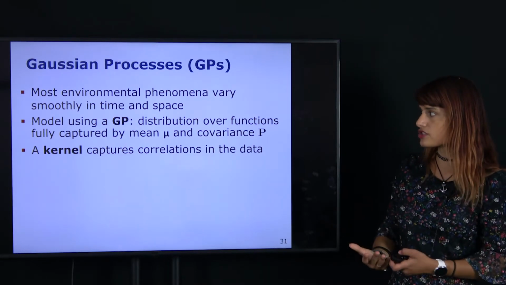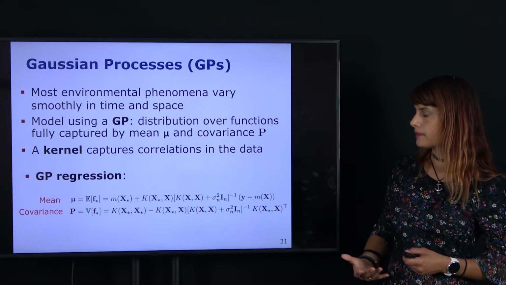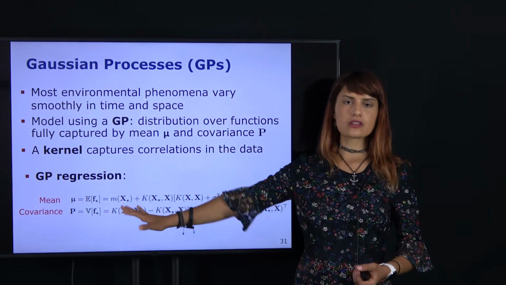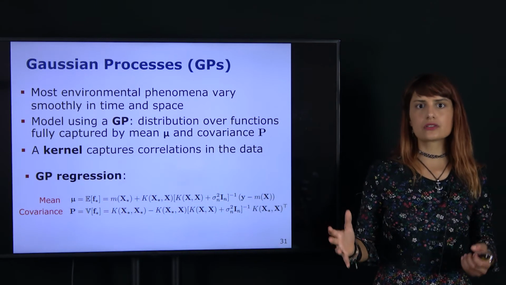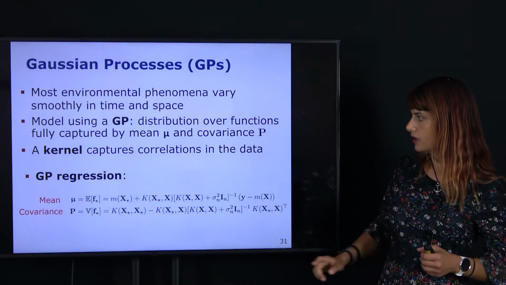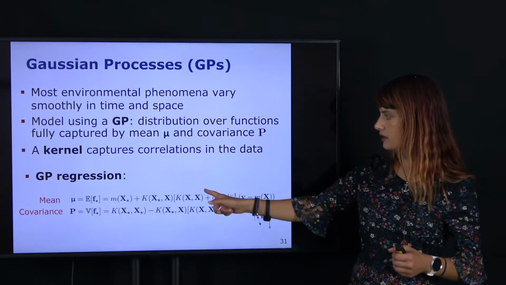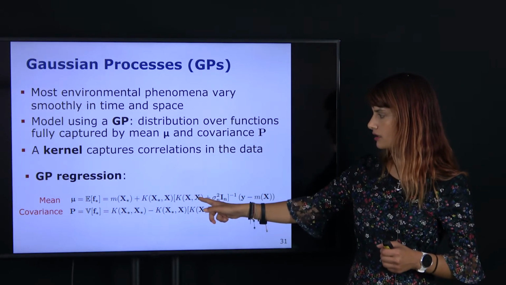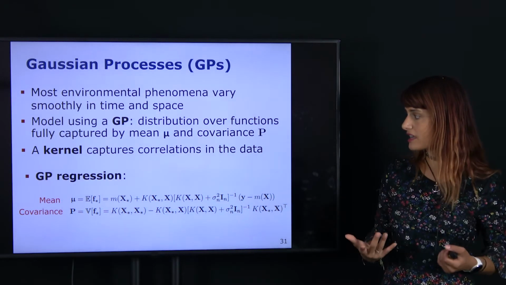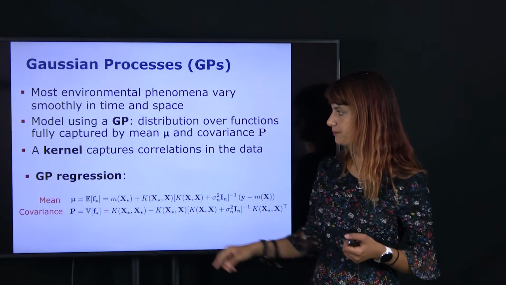And the way we use a GP is we have some set of training data, and we can apply GP regression equations to infer what the values are at parts of the field or the problem space that we haven't observed yet. In these equations, we have a set of training data captured by the variable x, and we want to ask our model, can we estimate the values at a set of different query points, which is x star?